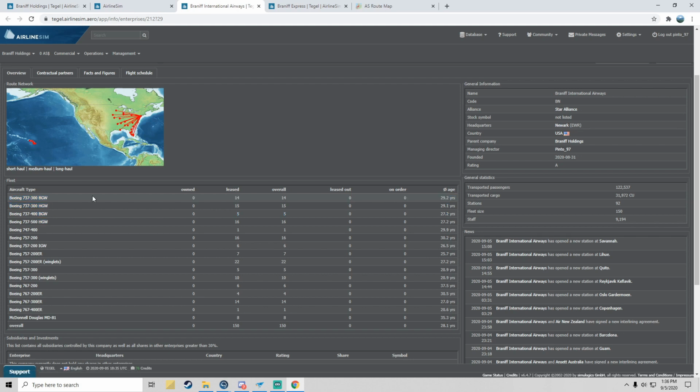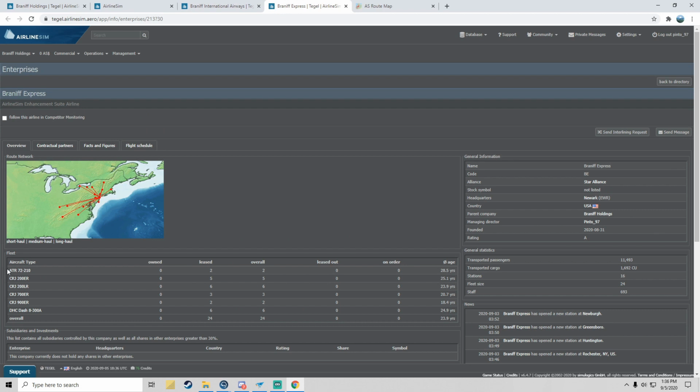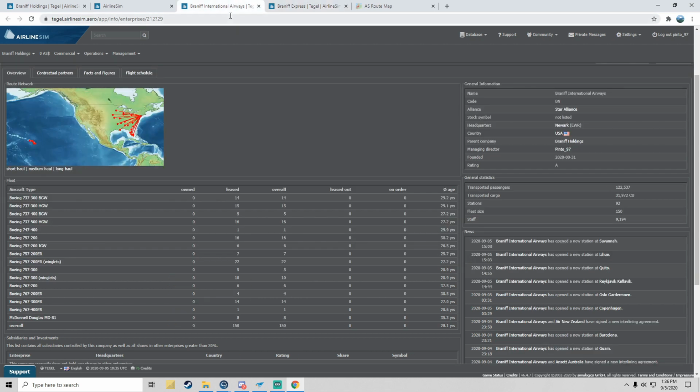So the reason I have that, and then we'll take a look at this Express where I have an ATR, some RJs, and a Dash 8-300, is because for every airline, and specifically every subsidiary you run, there's maintenance you have to deal with.